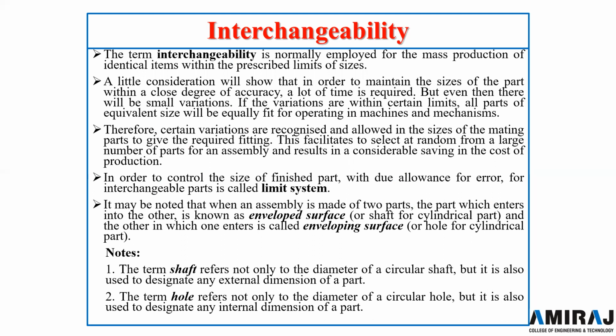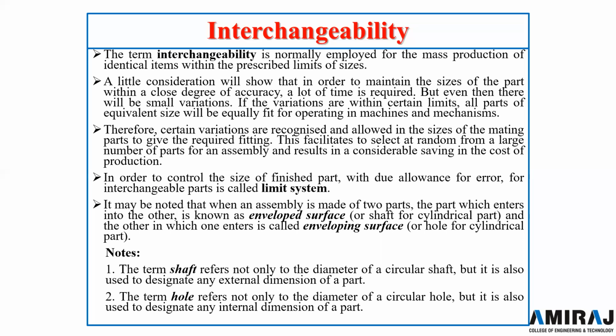The term interchangeability is normally employed for the mass production of identical items within the prescribed limits of size. Little consideration will show that in order to maintain the sizes of parts within a close degree of accuracy, a lot of time is required, but even then, there will be small variations.